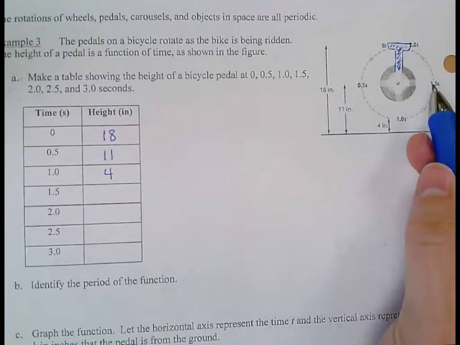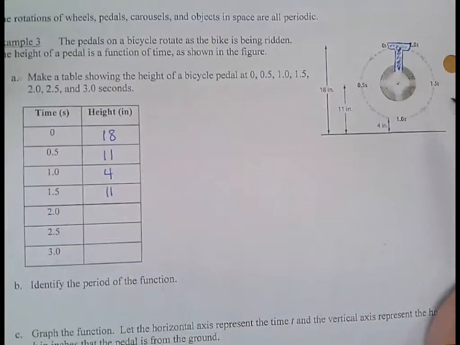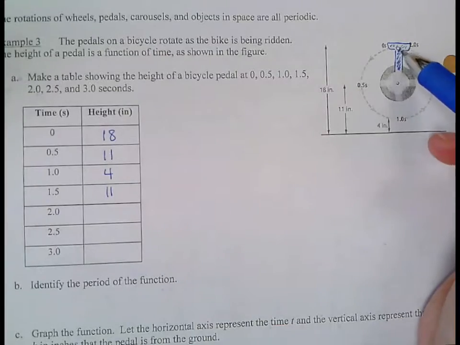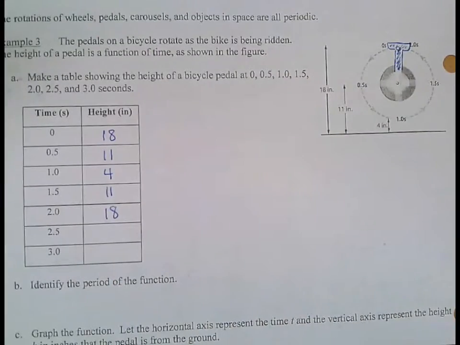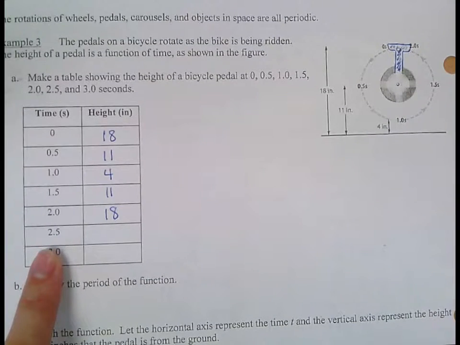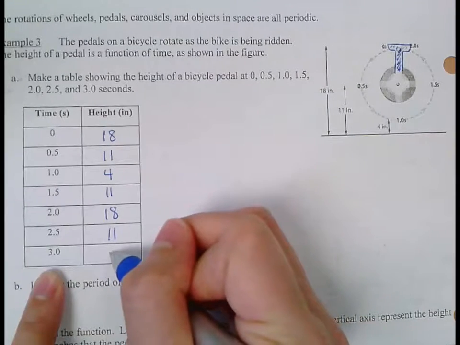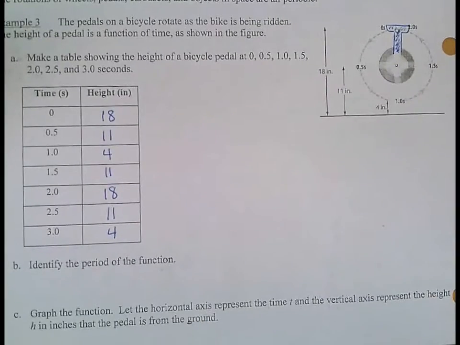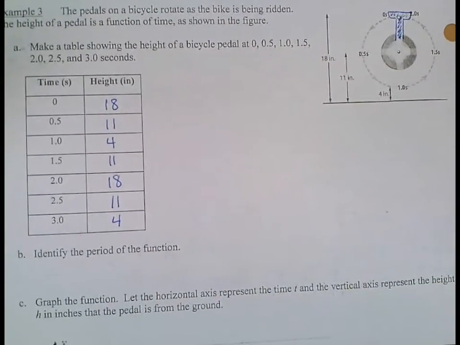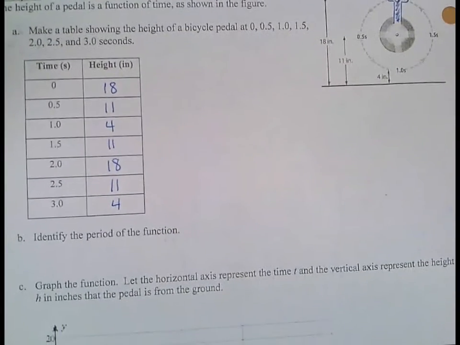After another half second, the pedal is back at 11 inches. And after another half second, at 2 seconds, it's back up to where it started, at a height of 18. So what would the height be at 2.5 seconds? 11, and at 3 seconds, 4. So there's our table.